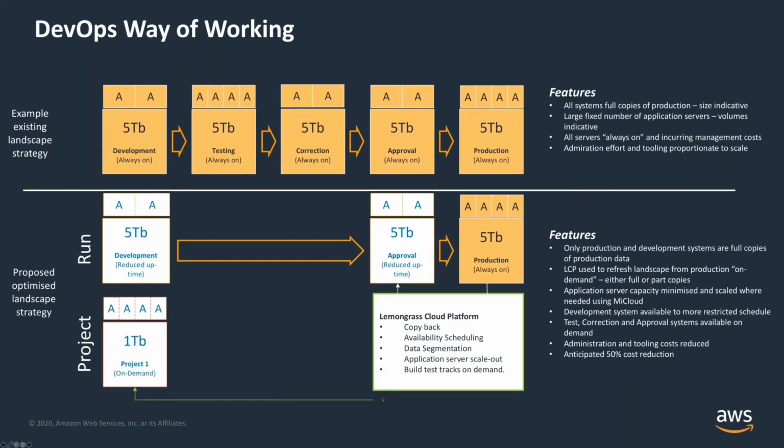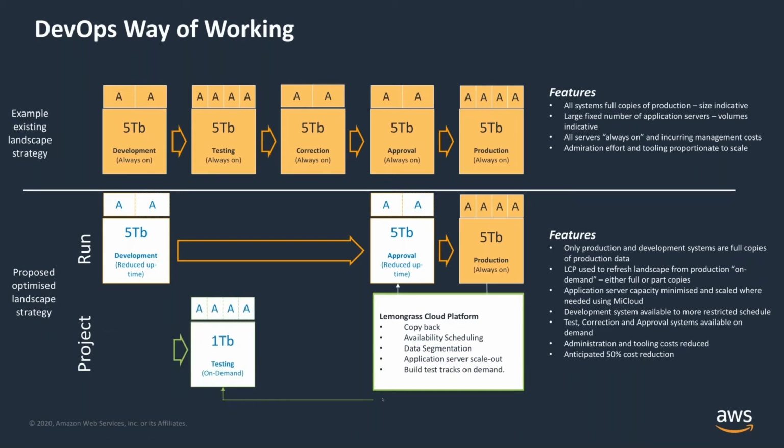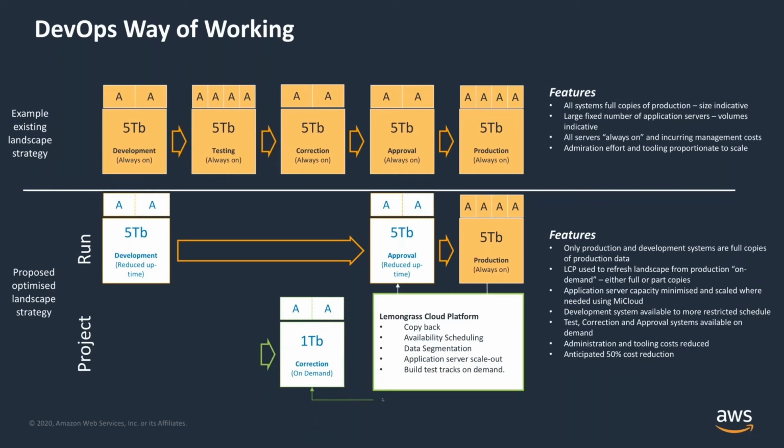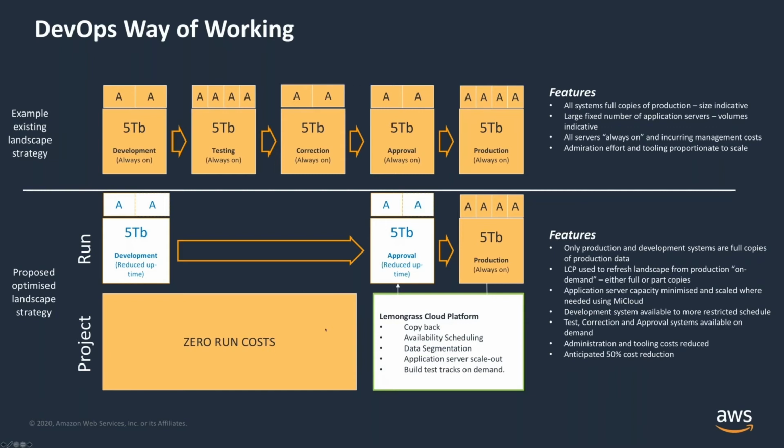So in this model, the customer could want to move to a dev, do their activity, move that into testing, trash the dev system, finish the testing, move it into the correction system, finish doing the corrective actions that they've done, move it back up into the approval system, and then release that into production. So it means at the times that they're not doing an active project or an active change, they have 0 run costs for those systems. So you can see here that's a quick and easy way to actually take out a very large percentage of their operate costs.